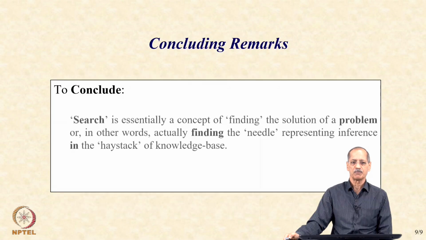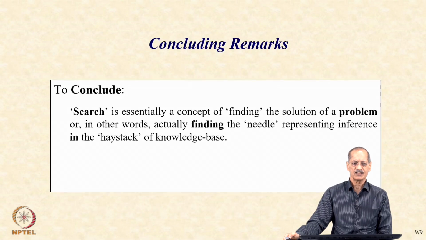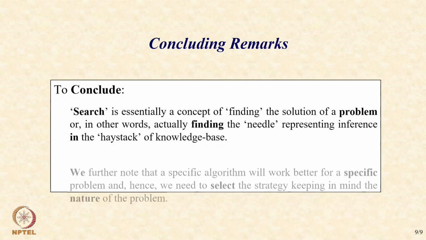So, to conclude this part, search is essentially a concept of finding the solution of a problem, or in other words, actually finding that needle representing the inference in the haystack of the knowledge base. So, this is our primary focus now in the context of search strategies.